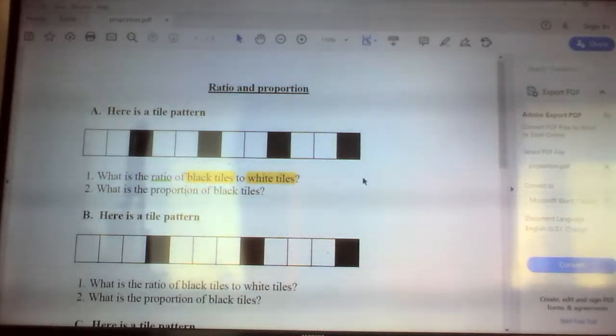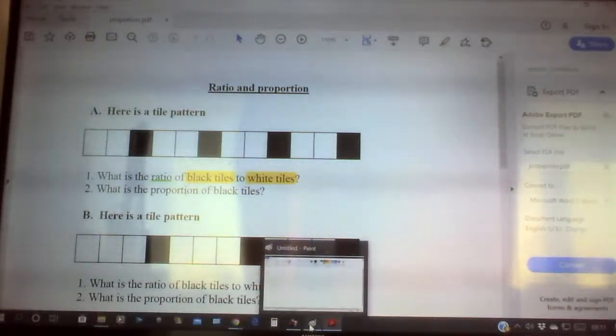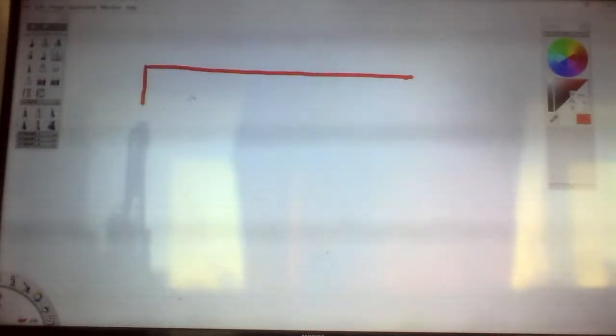So if I now go to maybe my paint and draw the same shape down, this won't be easy. I really need not a mouse. Let's use a much clearer one because your screen will be difficult to see. That should be fine, I think.